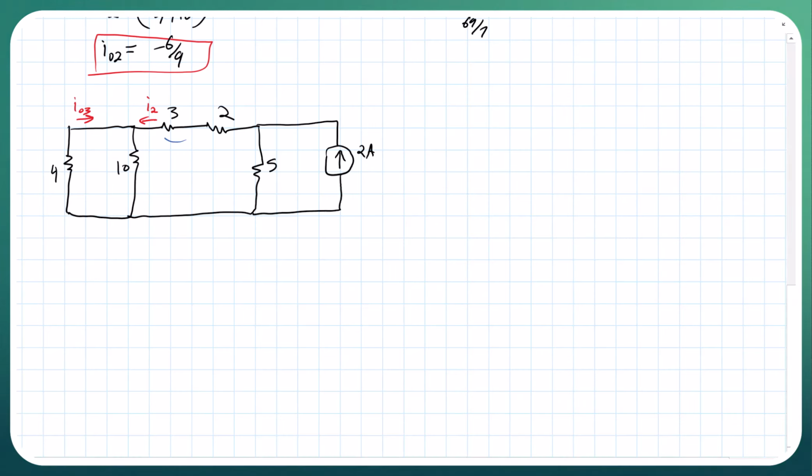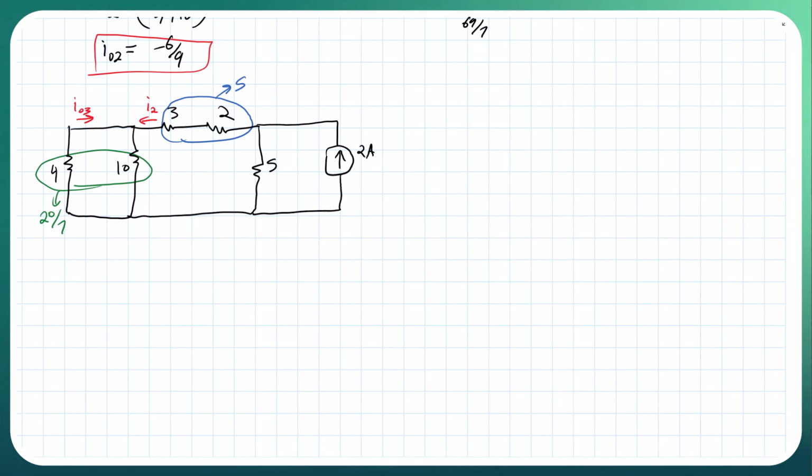We look at here, these guys are in series, we add them up, that one gives us 5. These guys are in parallel, we do the same thing as we did last time: 20 over 7, or 40 over 14, is what we said last time, it's the same thing. 20 over 7. And then both of these we can add up because they become in series.